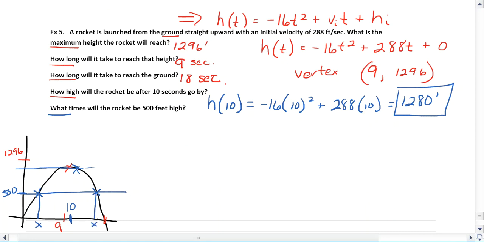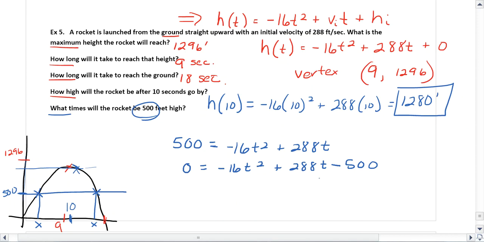I do not know the x. But this 500 is here on the y-axis. So I could plug that in for the y in the equation. And I could say that 500 is equal to negative 16t squared plus 288t. And now this is a new quadratic with 500 as the y value, and we know how to solve this for t.